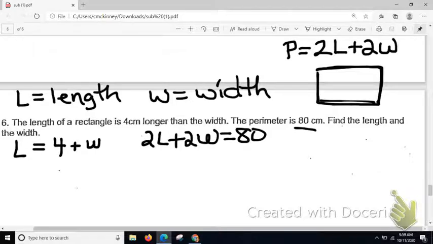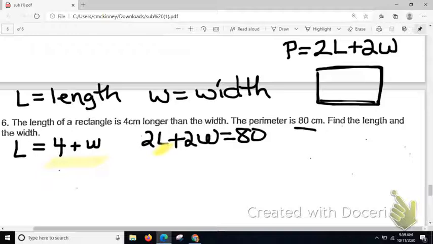Now, the earlier part of today's lesson was about substitution and special cases, but we haven't used substitution yet on these word problems, but we're getting ready to now. So here, my lengths and widths in both equations are not on the same side, but this says that L is equal to 4 plus W. So this is going to be a nice place where we can substitute this where the L is.